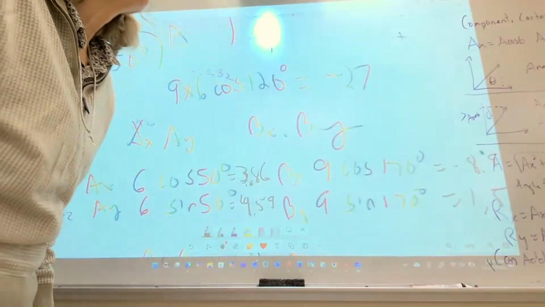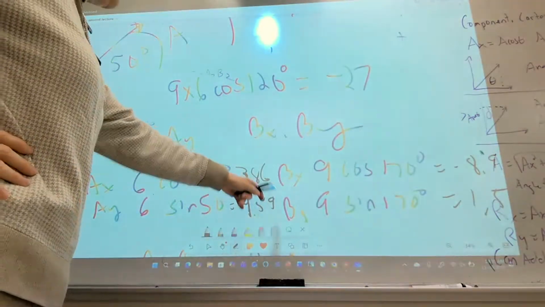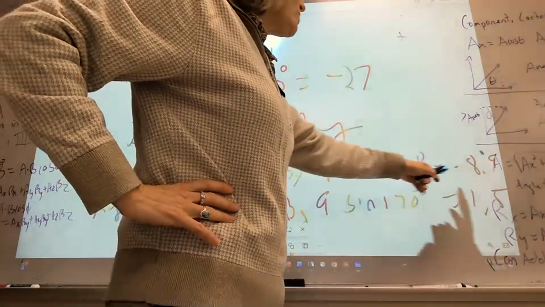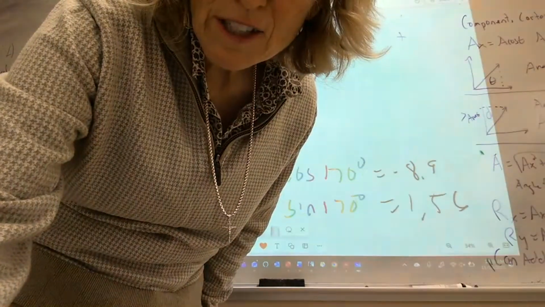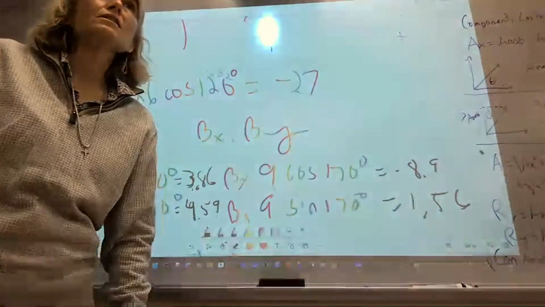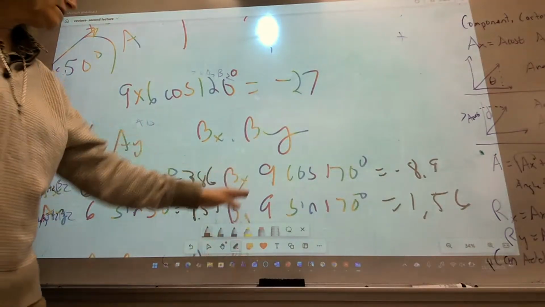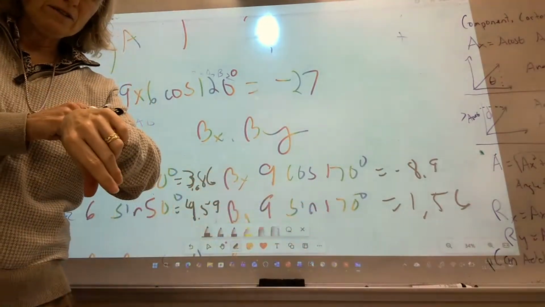Yes, that's right. Okay, so we get 6 cosine 50, which is 3.86, 6 sine 50, 4.59. 9 cosine 170 should be minus 8.9. 9 sine 170 should be 1.56. Then you're multiplying the ax and the bx, the ay and the by, and adding them together.